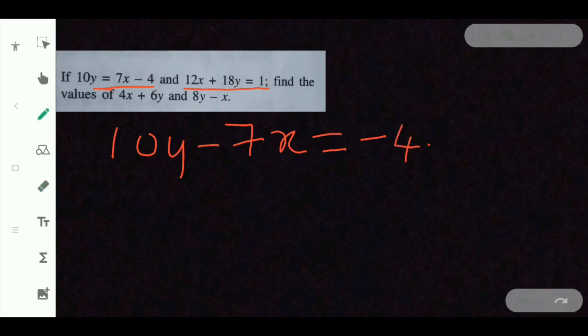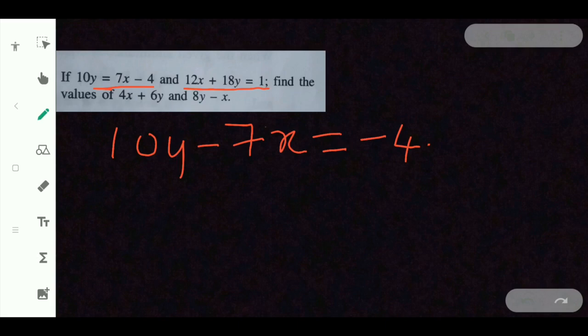So I just transposed 7x plus 7x to LHS, so it became minus 7x. And the second equation also I can write, but I am writing the x terms under the x terms and y terms under the y terms.